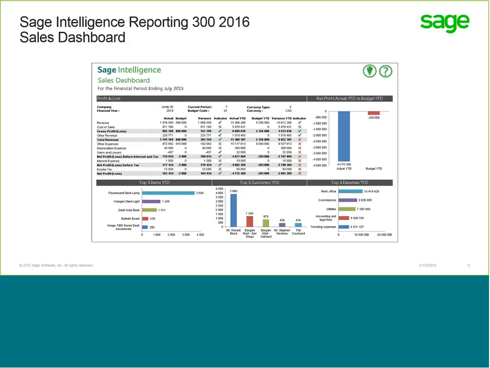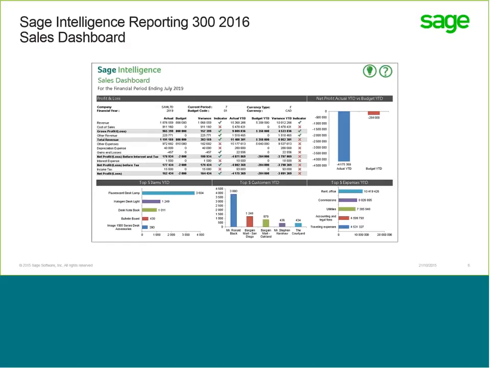So for those of you working with 300, the dashboard analysis report template pulls information from the order entry module. It gives you a one-page summary of key performance indicators, or KPIs. And it features a financial analysis, top 5 reporting on customers, items, and expenses.